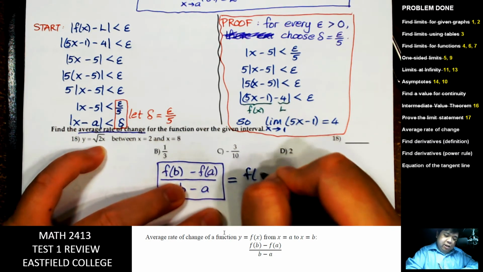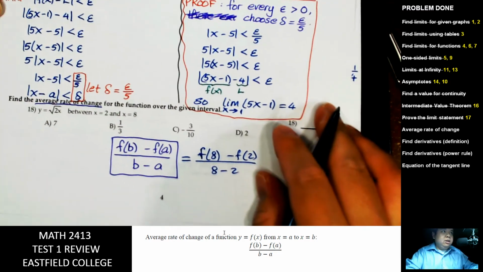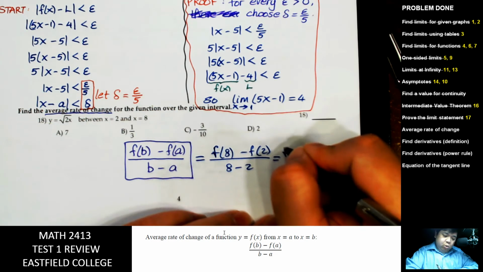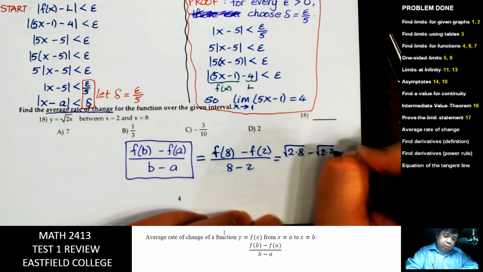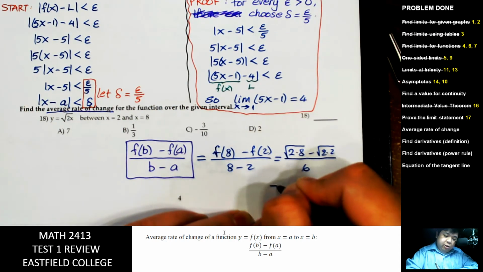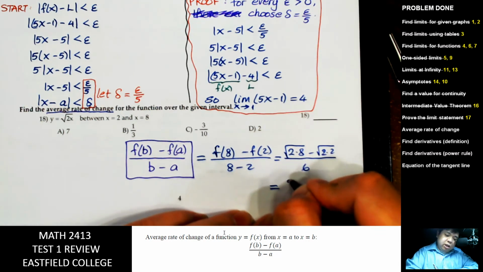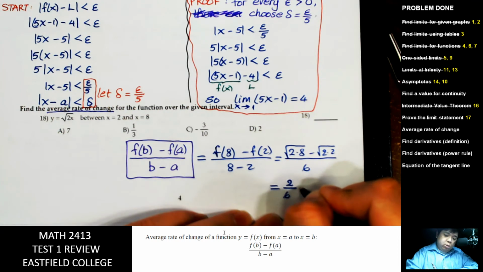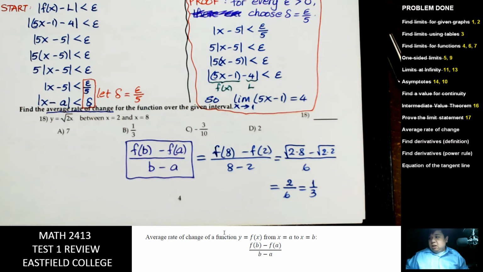Just write f(8) minus f(2) over 8 minus 2. So square root of 2 times 8 minus square root of 2 times 2 over 6. 16, we have 16 minus 4, so pretty much we have 2 over 6, which is 1/3. So just like that. So once again, average rate of change is that.